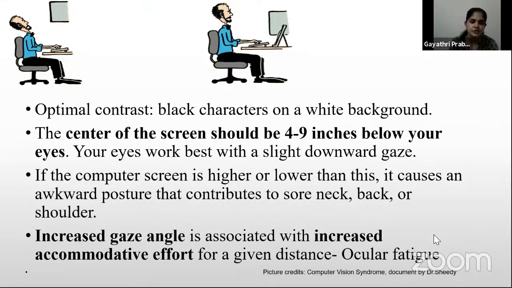The reason is, if you see the picture on my left top, you can notice that the person is looking up. The neck of the person is bent and they are looking up and working. In this position, the person is more prone to having a lot of neck pain.